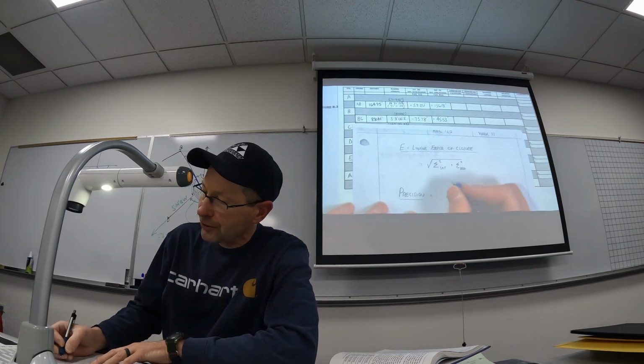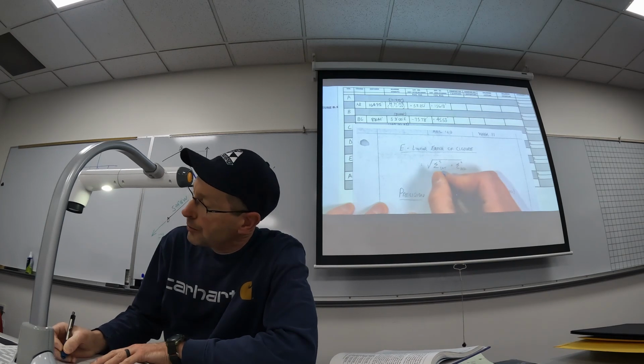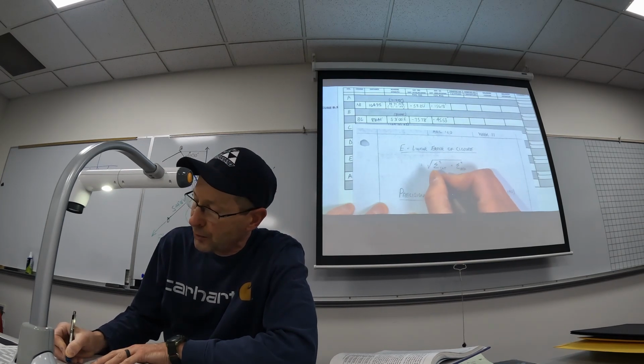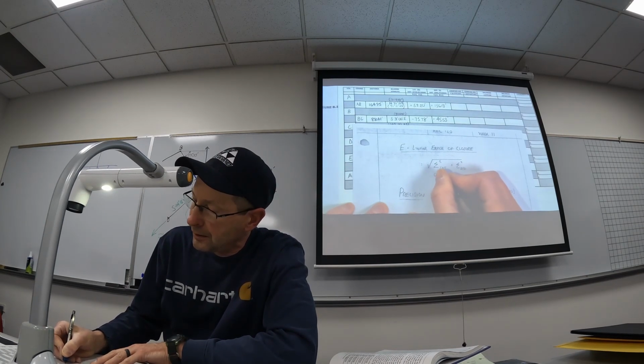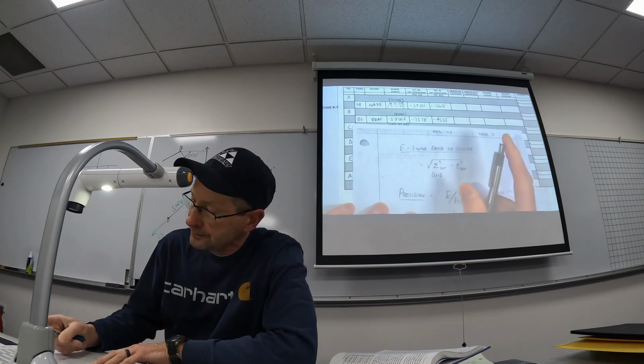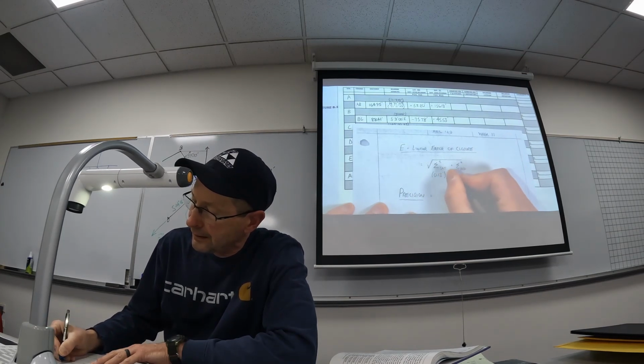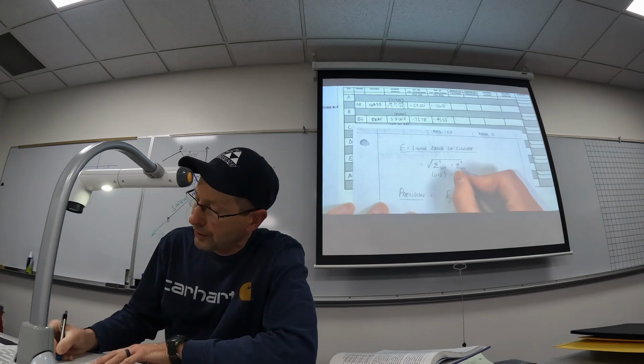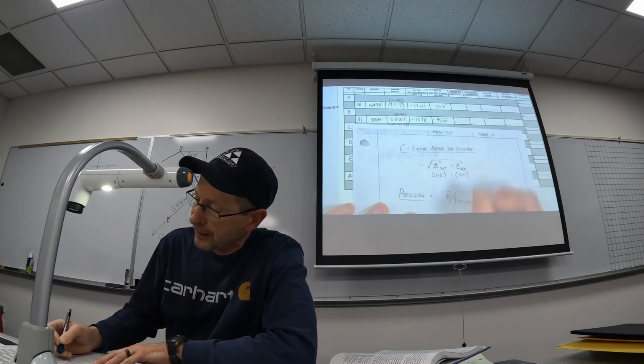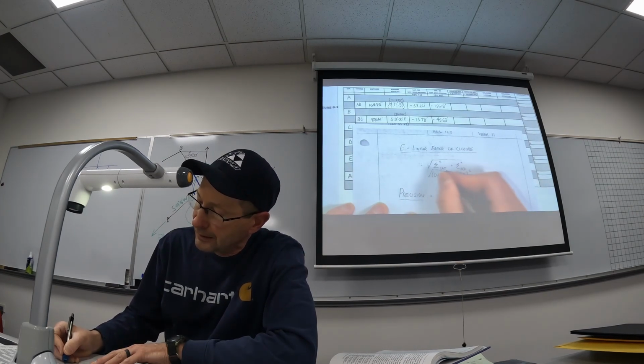I'm just going to throw these in. So the sum of our latitudes was what? 0.13 feet. And our departures was minus 0.11 feet. So if we square them both, take the square root, kind of looks familiar.